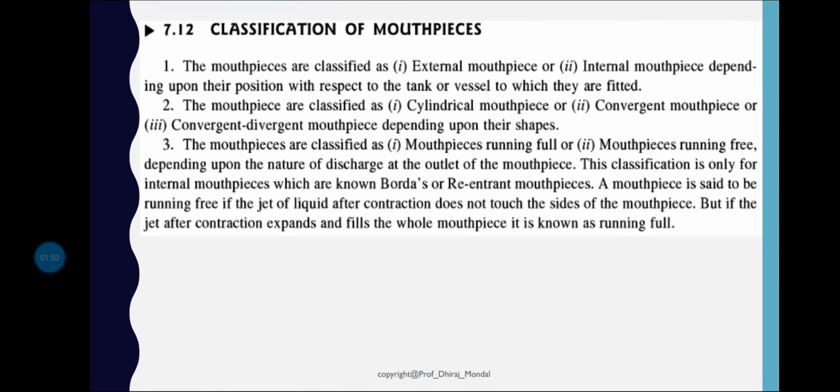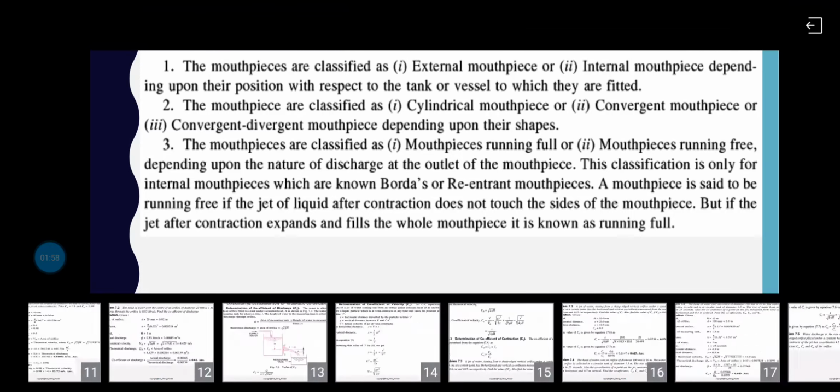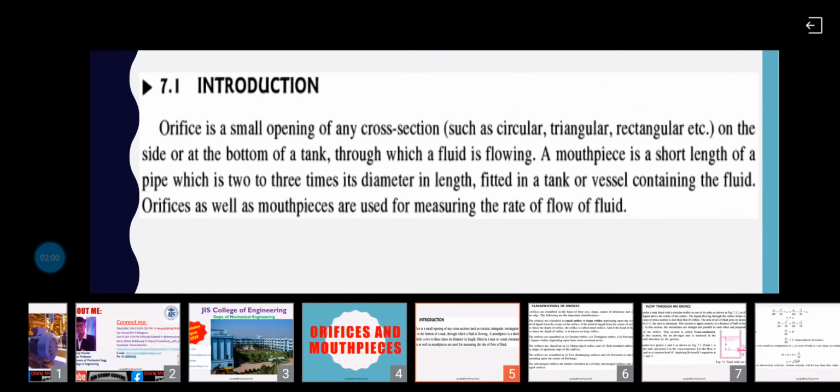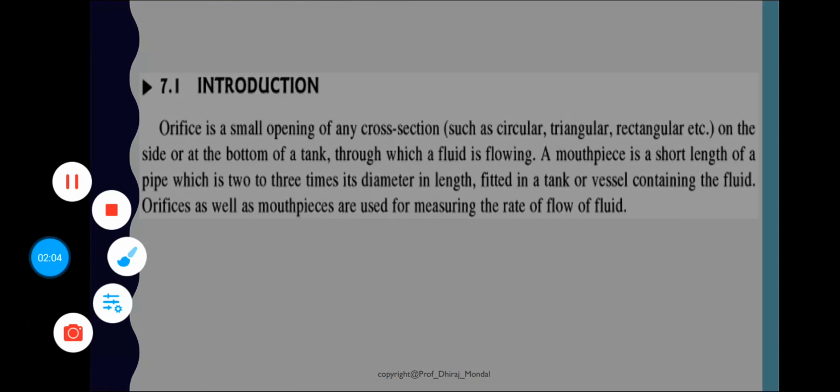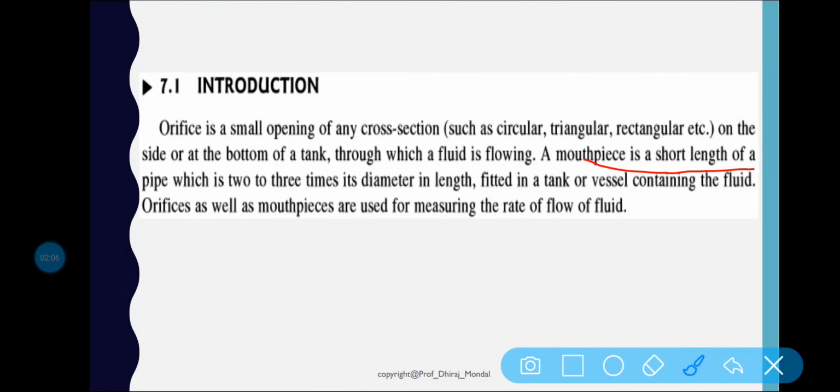Now this is the study about the mouthpiece. Already in the first lecture I have told you the definition: a mouthpiece is a short length pipe which is 2 or 3 times its diameter in length, fitted in a tank or vessel containing the fluid.